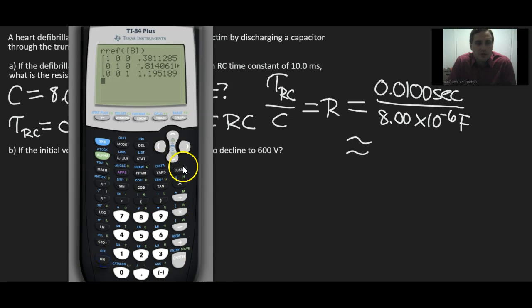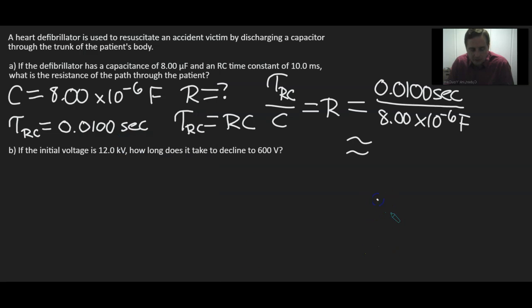So let's clear that, and let's do 0.01 divided by, let's not worry about significant figures, at least in the calculator, 8 times 10 to the minus 6. Okay, and that's going to be exactly 1,250, so let's write that down. So in fact, this is equal to 1,250 ohms.